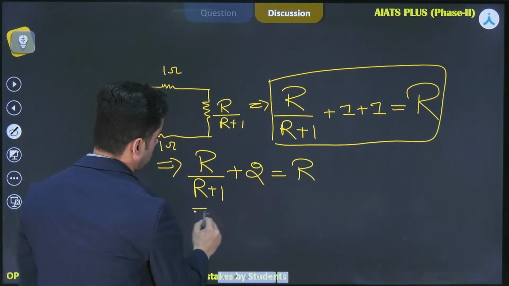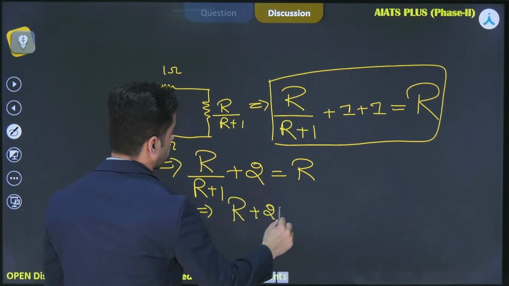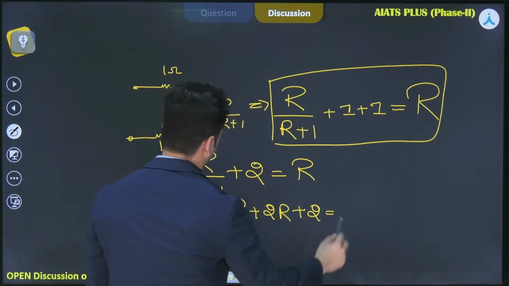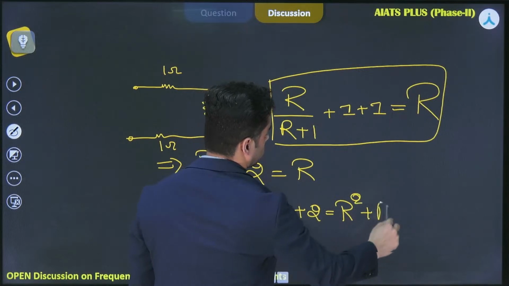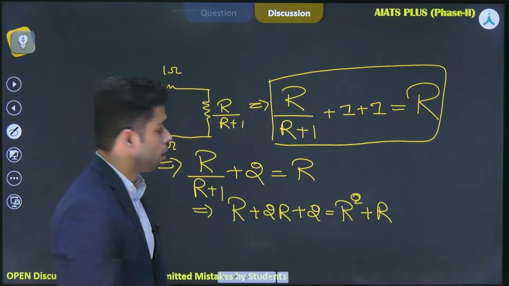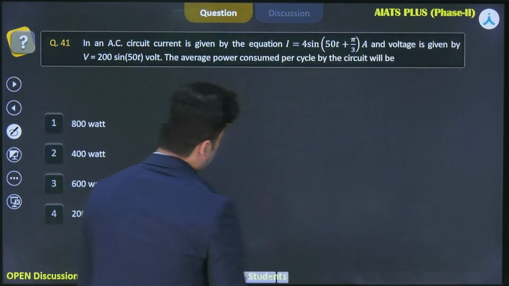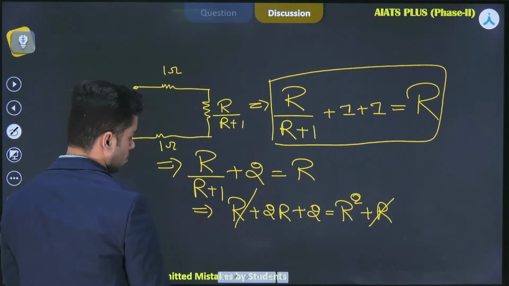So if I solve this, it becomes R plus 2R plus 2 equal to R square plus R, right? So just cancel this R, and you have a quadratic equation right in front of you. Okay, let me rough some part.